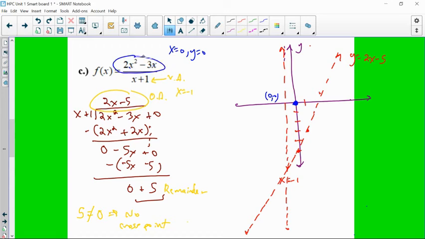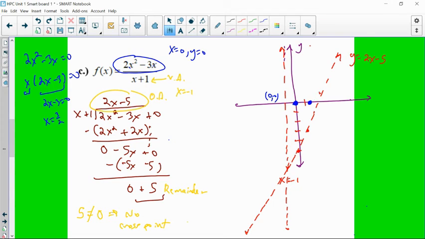When does 2x squared minus 3x equal 0? Well, if I factor out an x, I get x times 2x minus 3 equals 0. Once when x is 0, which we found, but also when 2x minus 3 equals 0, which means x is 3 over 2, or 1.5. So there's another intercept at 1.5.